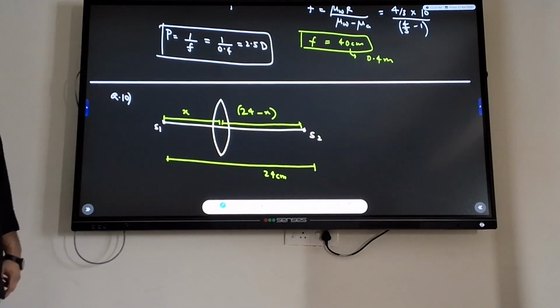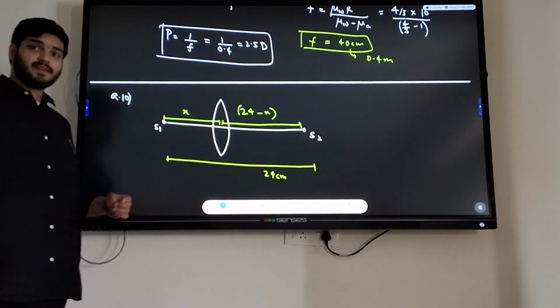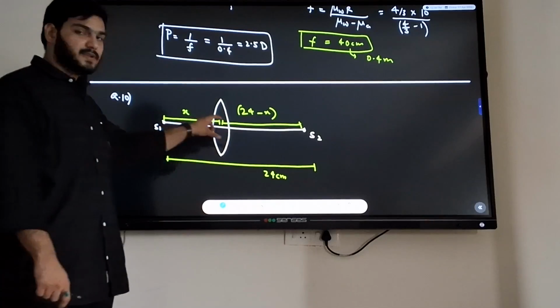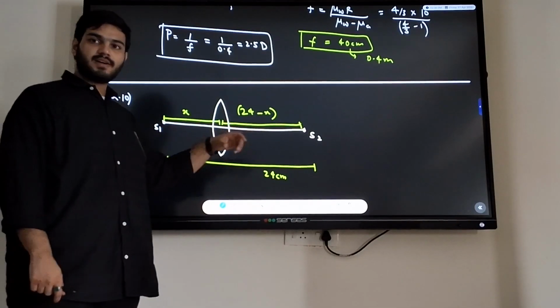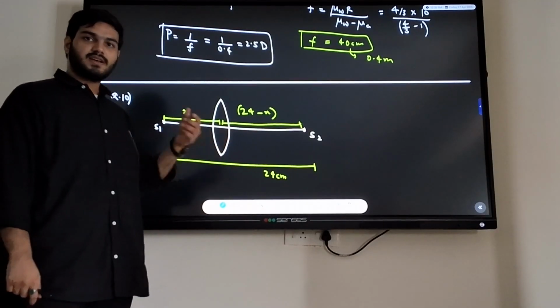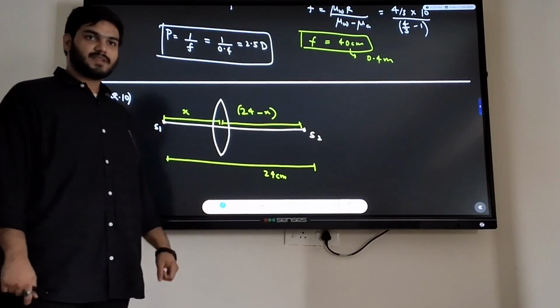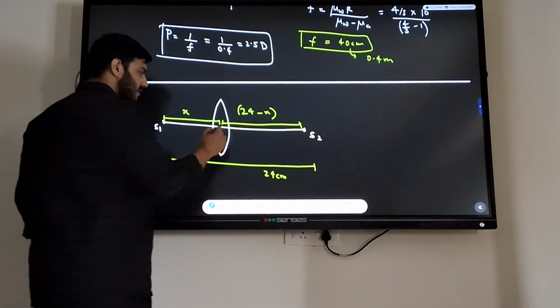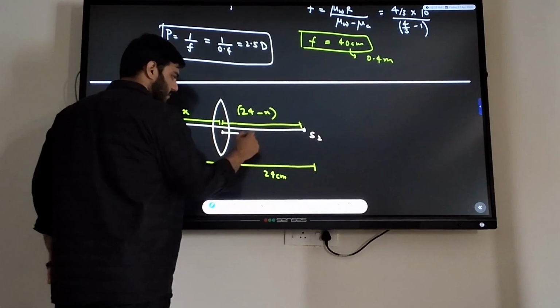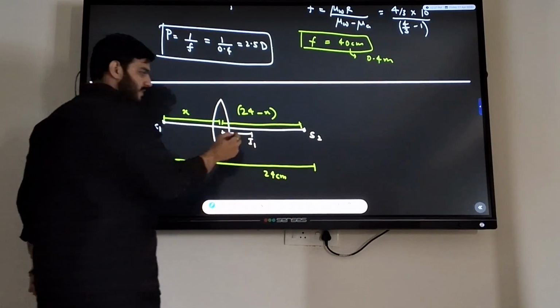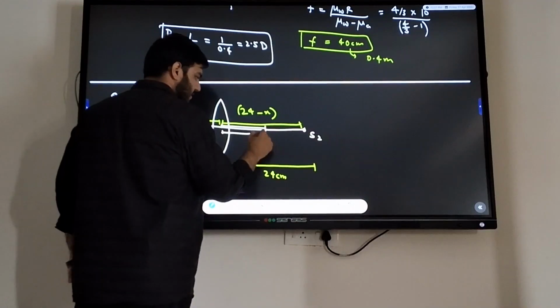Is it okay? Now the condition that is given is, you keep on moving this lens back and forth until you find a position for which the images coincide. Okay? So maybe the image formed at some distance I1 is here due to the source S1, and this I2 is here.